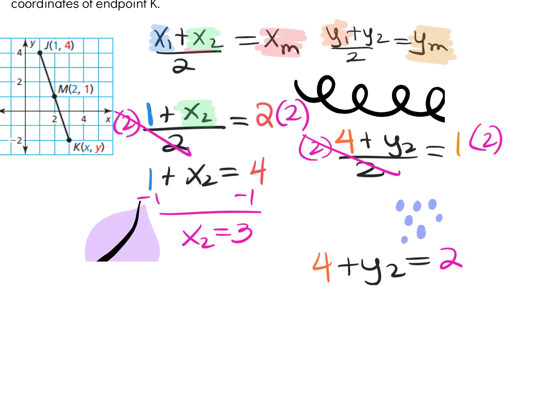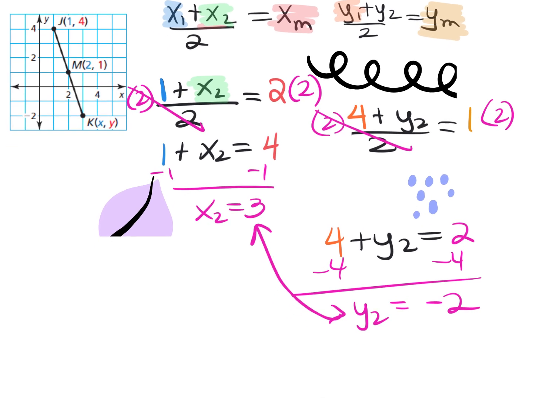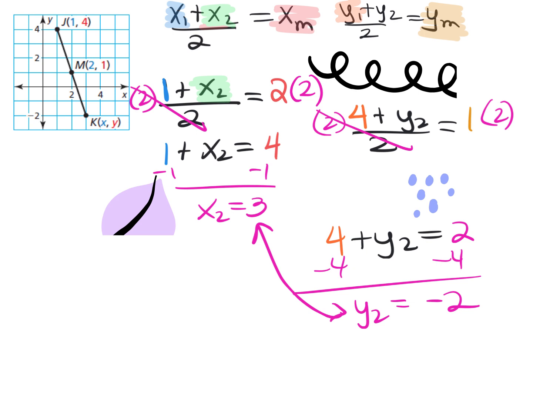Subtract the 4 from both sides. y sub 2 equals negative 2. We're going to put both of these answers and list them as an ordered pair. So the answer for the coordinate of K, so endpoint K, is the ordered pair positive 3, negative 2.